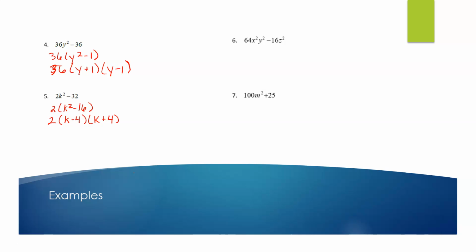Number 6. There is a greatest common factor. It's 16. So 64 divided by 16 is 4x squared y squared. 16 divided by negative 16 is negative 1z squared.